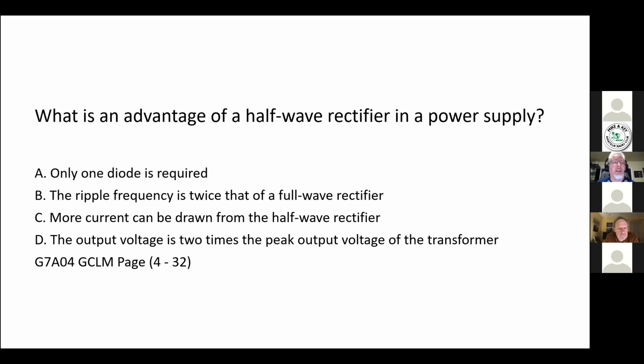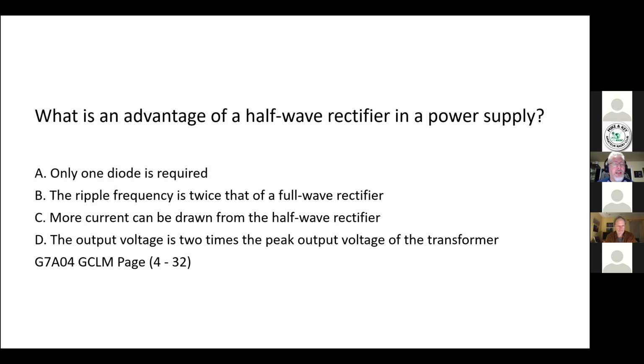What is an advantage of a half wave rectifier in a power supply? A, only one diode is required. B, the ripple frequency is twice that of a full wave rectifier. C, more current can be drawn from the half wave rectifier.